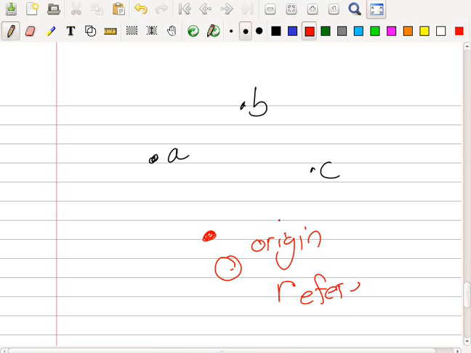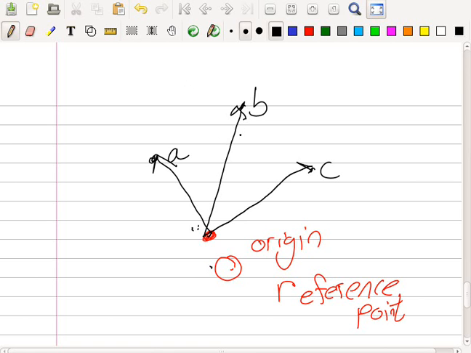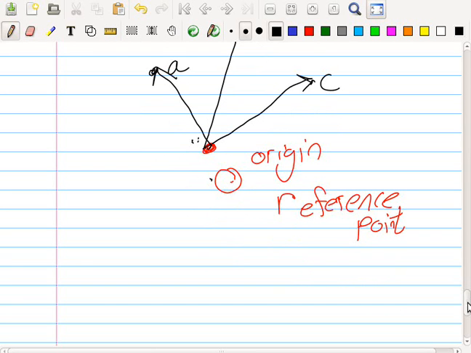Vertex? Reference point. And often, as the name suggests, you're very much concerned about vectors that go from O to other points. So for example, O to A, there's O to B, and there's O to C. So in other words, when you have a vector that starts at O, you call it a position vector.